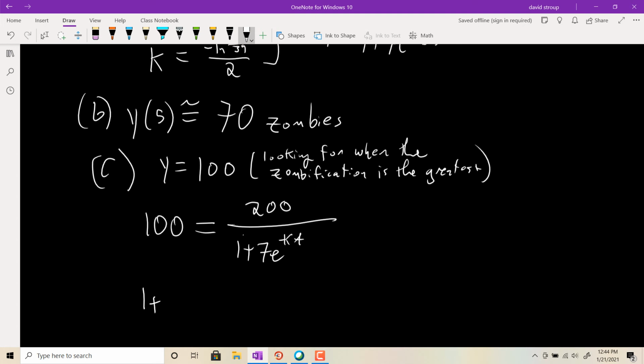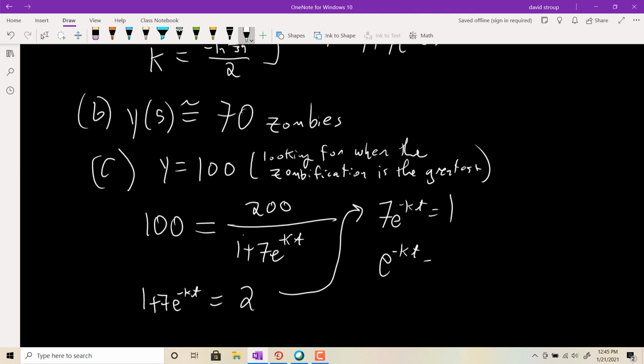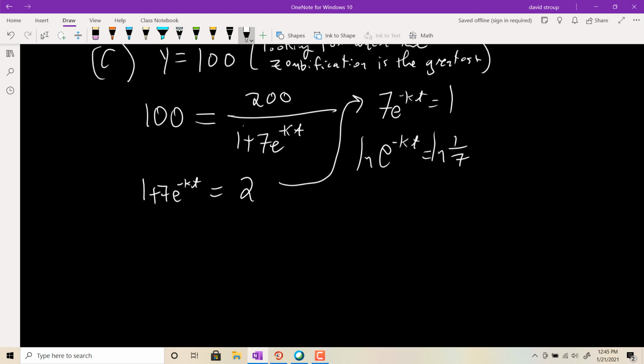Bring the 1 plus 7 e to the negative kt over here, equals 200 divided by 100, which is just 2. Move the 1 over, so I get 7 e to the negative kt equals 1, divide by 7, 1/7. Natural log on both sides, and now I'll write the k back in.